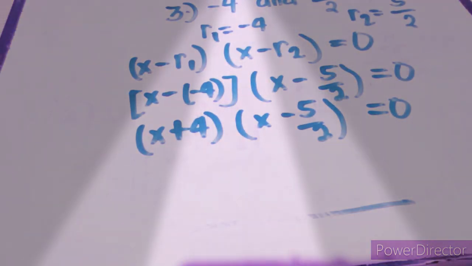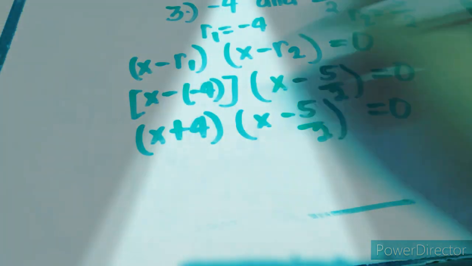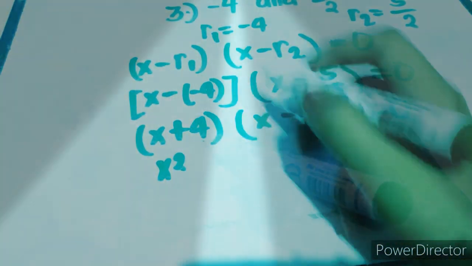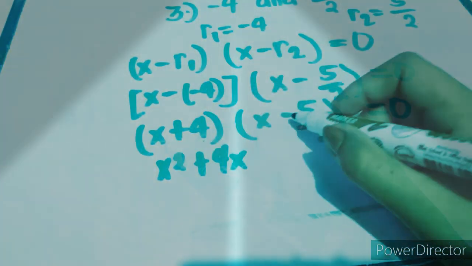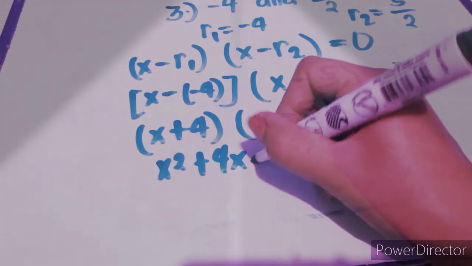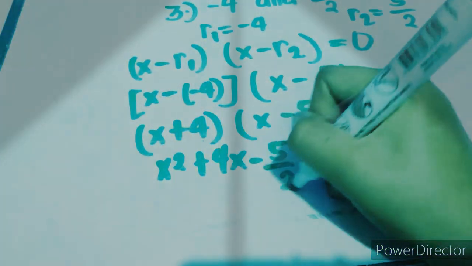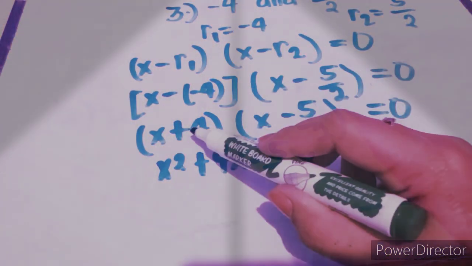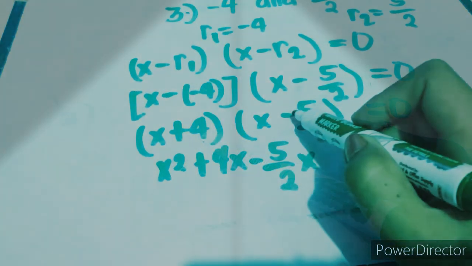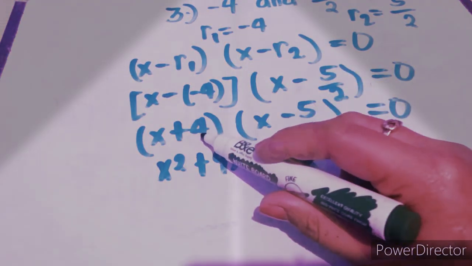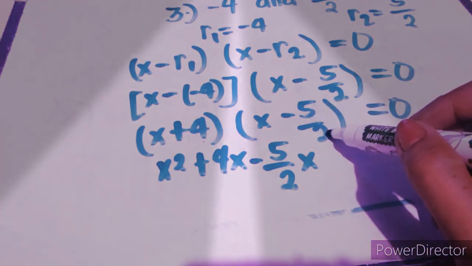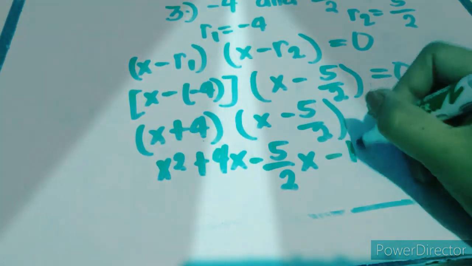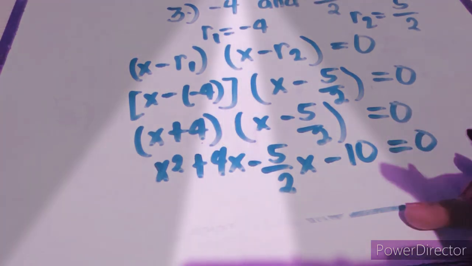So for this, apply FOIL method. So you have x squared, then 4 times x, so you have positive 4x. Then x times negative 5 over 2 is negative 5 over 2x. And then positive 4 times negative 5 over 2, so you have 4 times negative 5 is negative 20, divided by 2 is negative 10, is equal to 0.